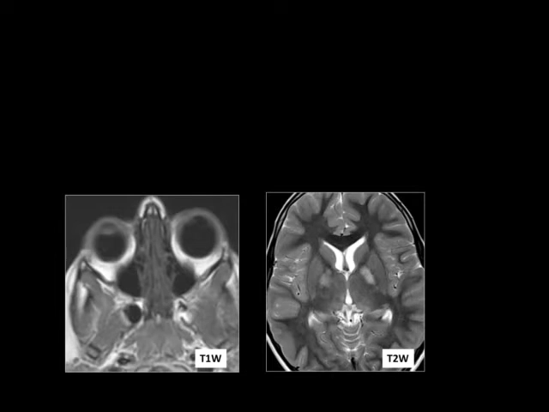Okay, next. Axial T1 and T2 images are provided. Young male. On T2 there is a hyperintensity seen in bilateral putamen.